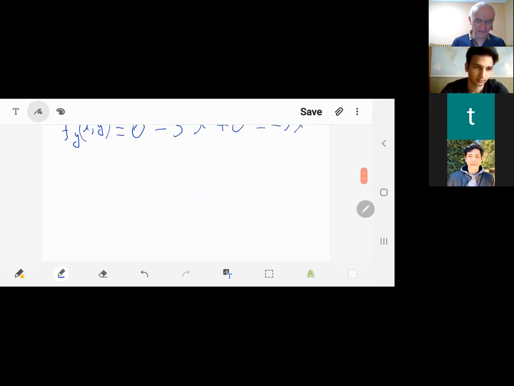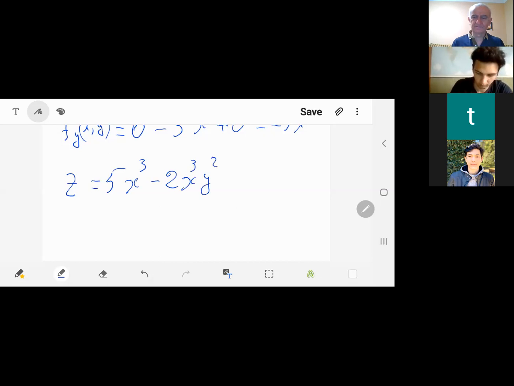For example, now we have the function z equals 5 times x cubed minus 2 times x cubed y squared minus 3 times xy plus 2.